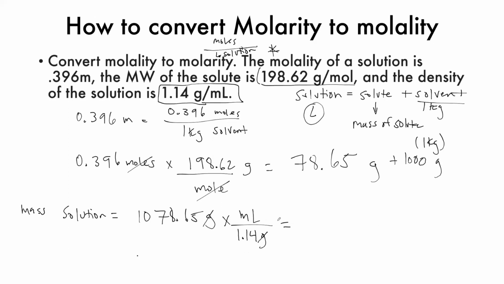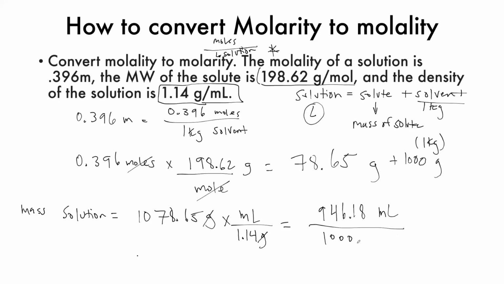So if we divide our total mass by the density, we should get 946.18 milliliters of solution.